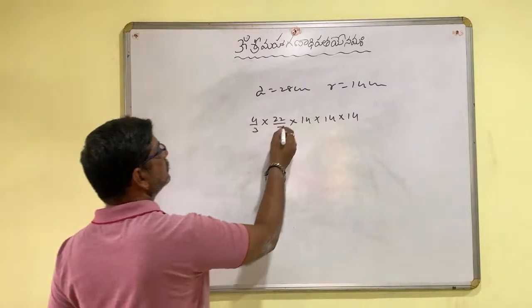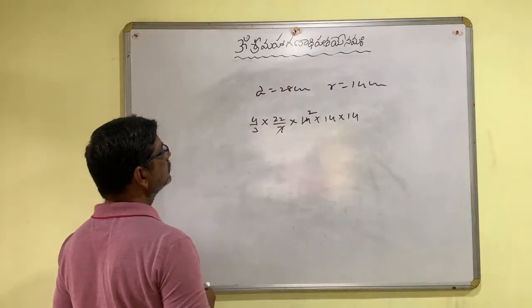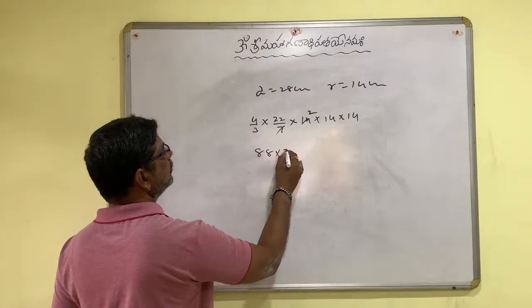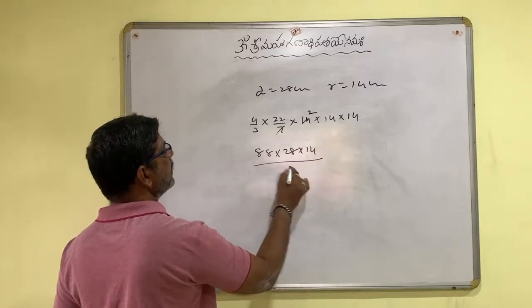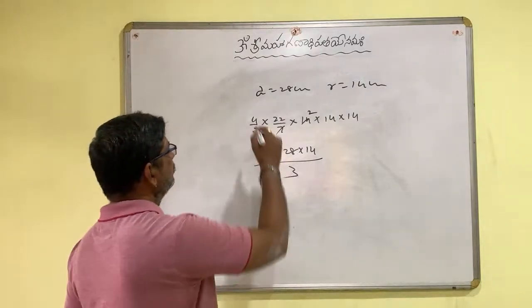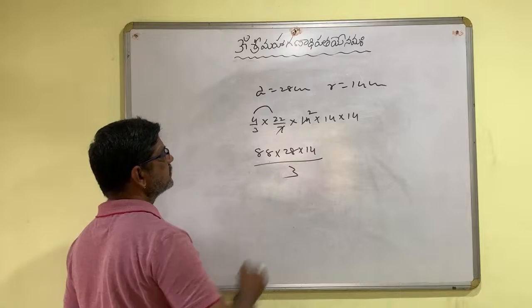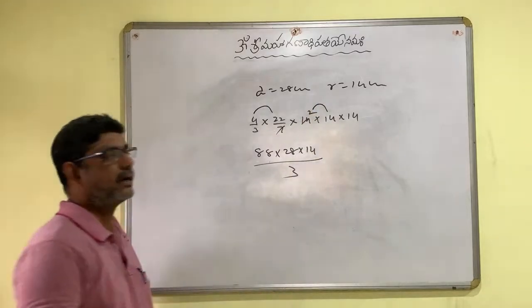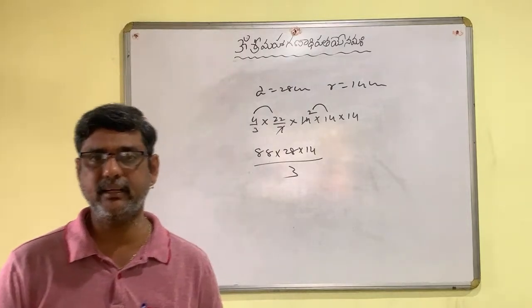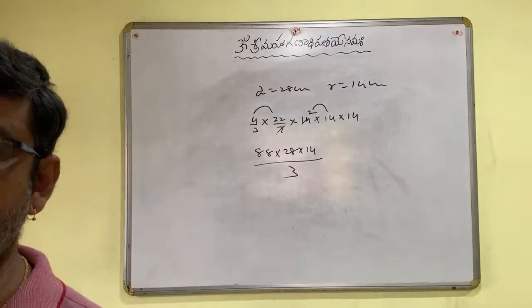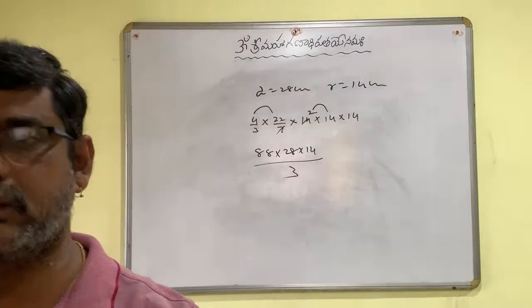Simplify this: 7 twos, so 88 into 28 into 14 by 3. When we multiply these two, we get 88. Simplify that and you will get the volume of the sphere. The first two questions are direct questions. Okay.